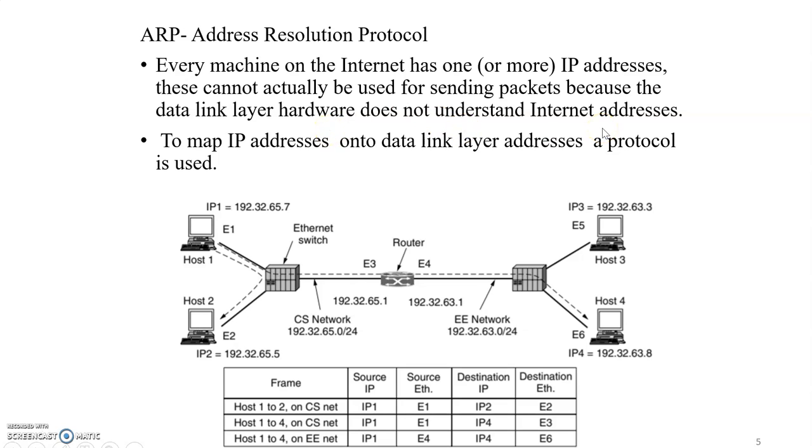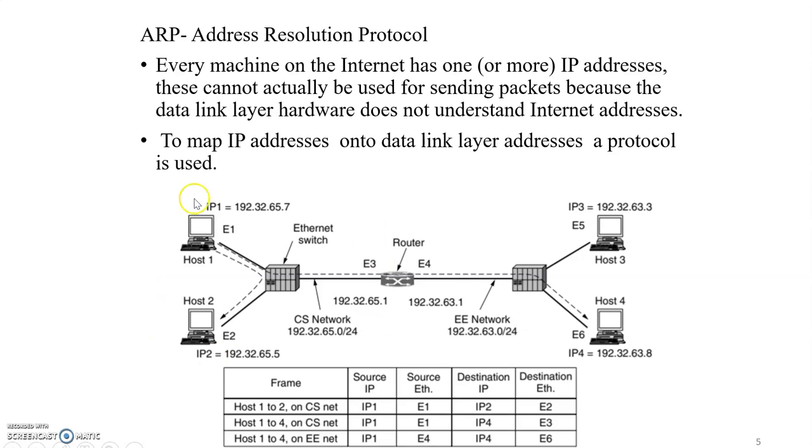I mean to say, only by knowing the IP addresses, you cannot construct the packets and frames in order to send them across the internet, because you also need one more address, which is called a MAC address or Ethernet address. So we need some mechanism to map these IP addresses to data link layer addresses, and this task is done by a protocol called Address Resolution Protocol.